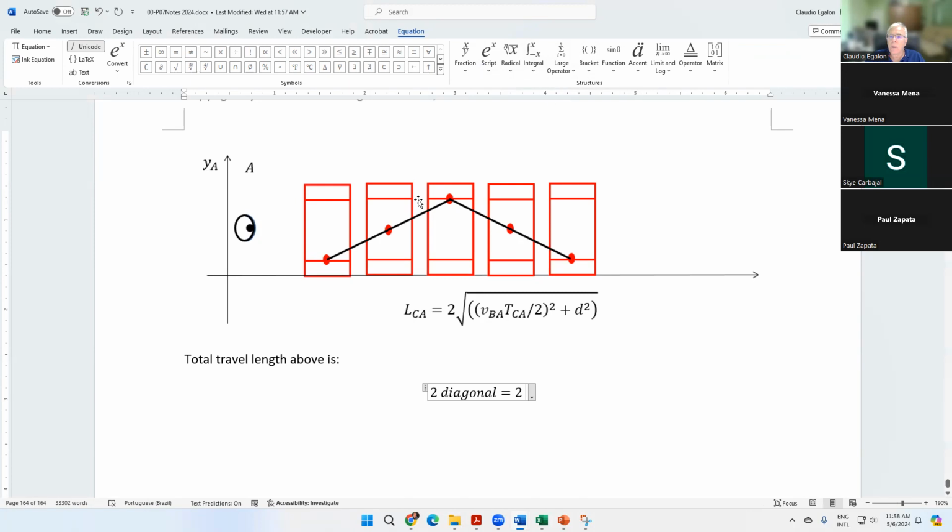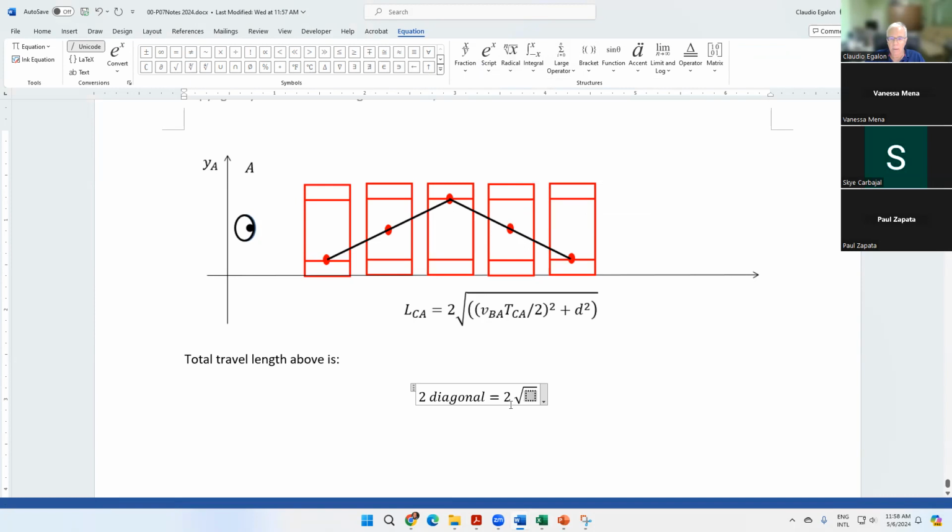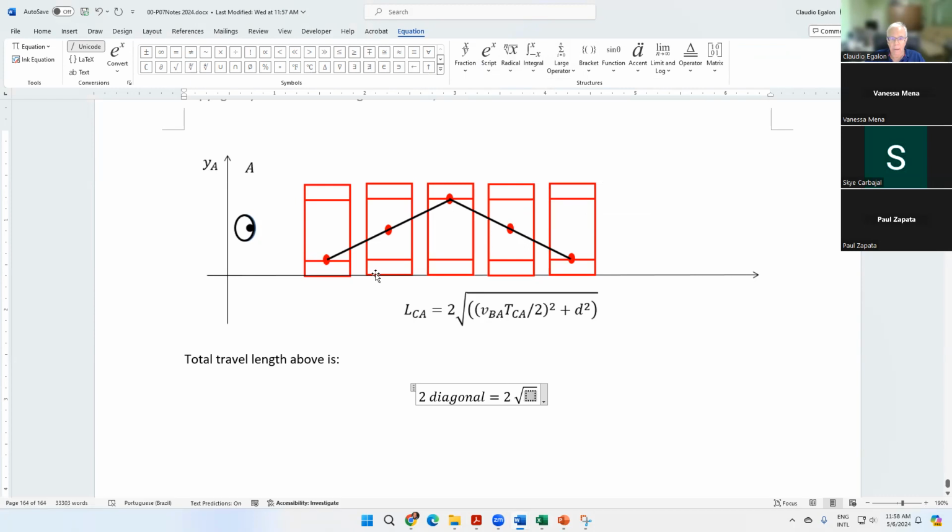This distance, right, is V_BA times T, the period as measured with respect to referential A, C stands for clock, divided by 2.